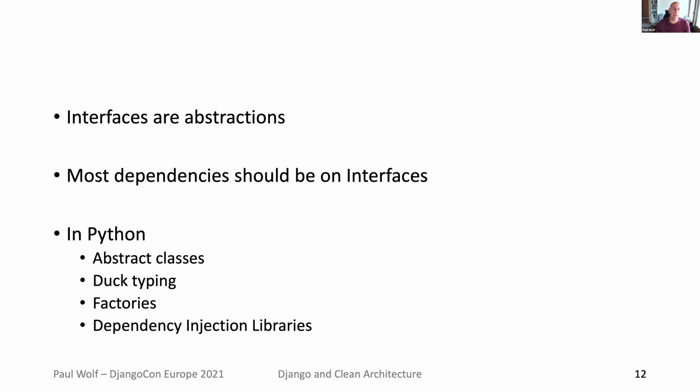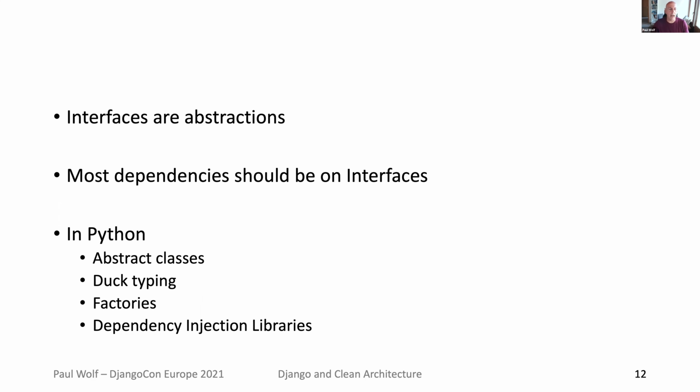So interfaces are abstractions, and most dependencies should be on interfaces, on abstractions. We don't have in Python an interface concept or language construct. But we have other things. We have abstract classes. It's not the same thing, but it can serve as somewhat the same thing. We also have duck typing, which might surprise some people that I mentioned that here.